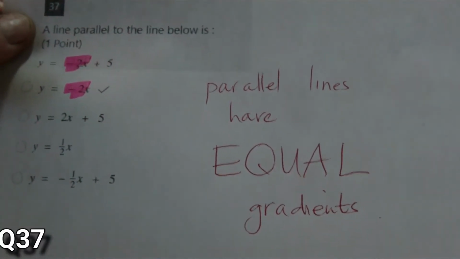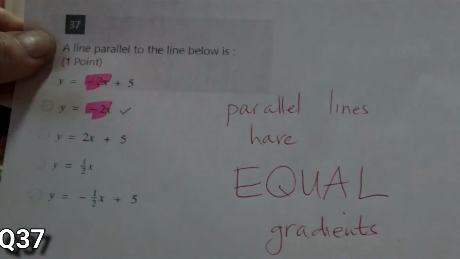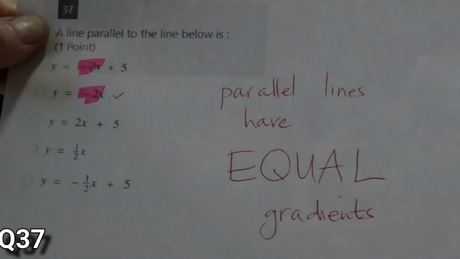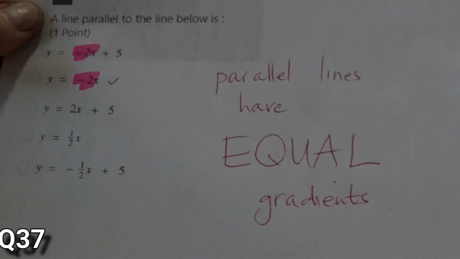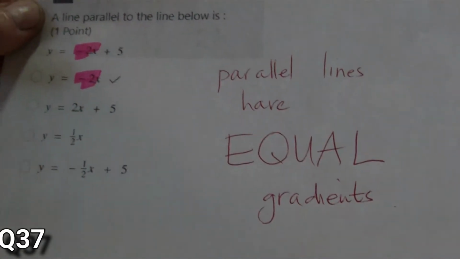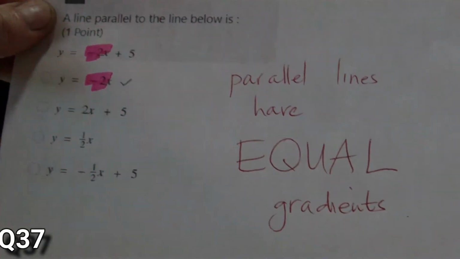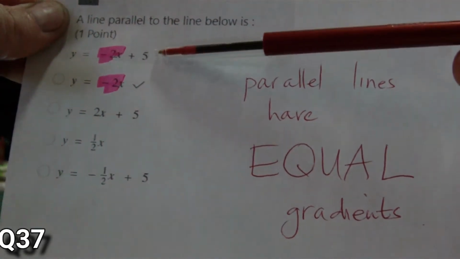A line parallel to the line below. Grade 9s, you have to understand that if two lines are parallel, it means that the gradients of those two lines are the same. So here's the line they're talking about.